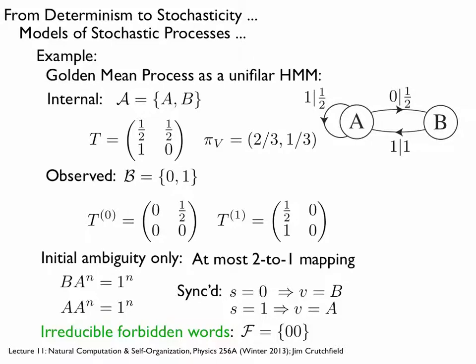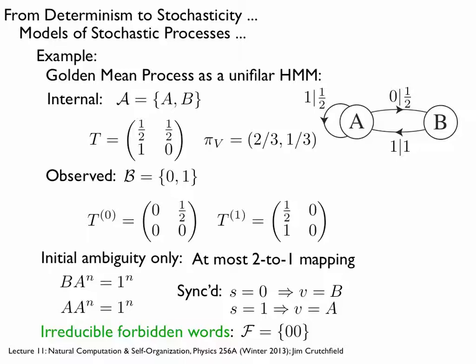So imagine that I've seen a series of 1s. I've observed that. Well, either I could have started in B and produced, say, 1 and then 4 1s, or started in A and just produced 5 1s. So we just have, at the initial time, a little bit of finite ambiguity in terms of the output sequence. Well, that's not too bad.